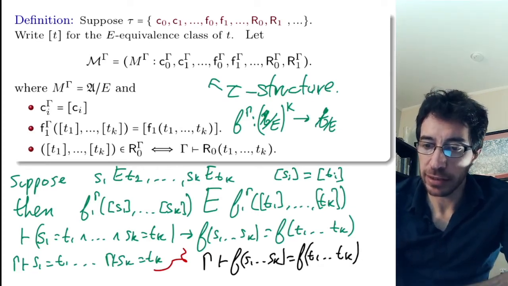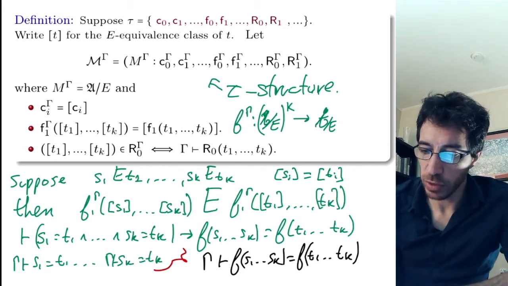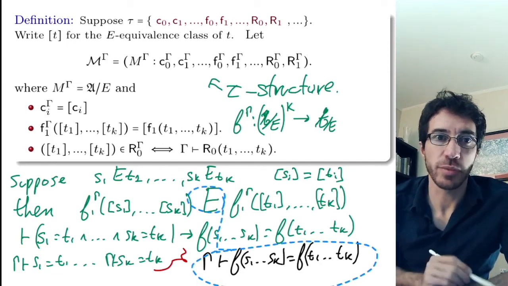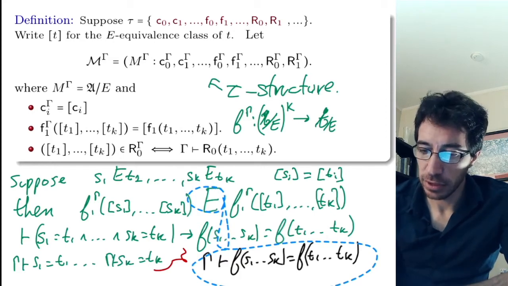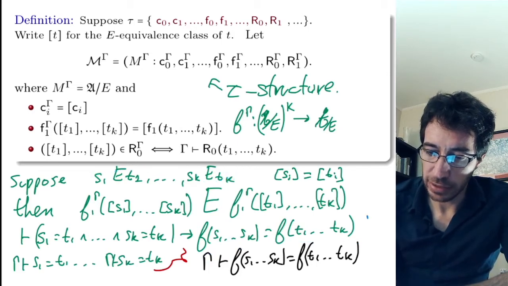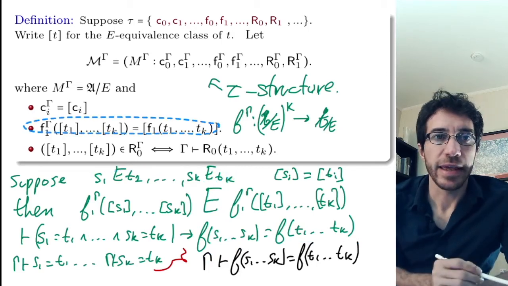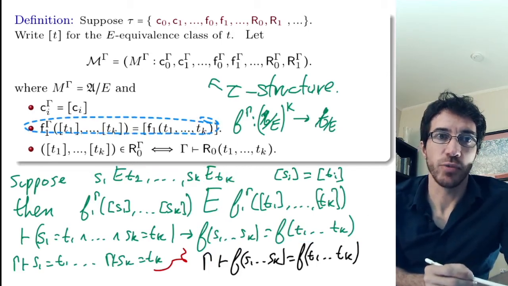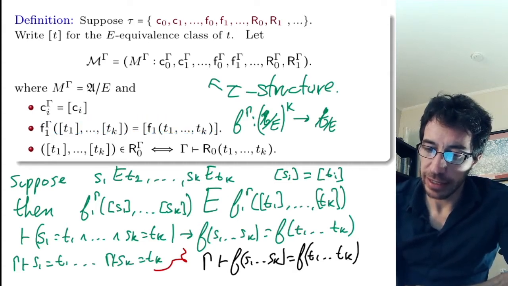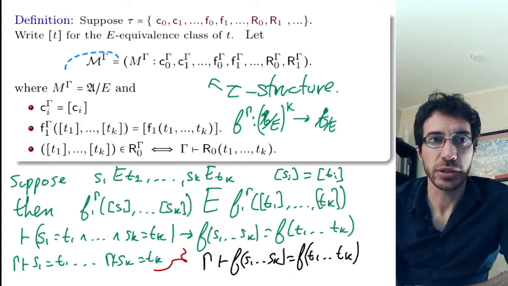And once you have that, that's going to give you the equivalence. So once you get this, then you get that these strings of symbols are related according to E. And that's why you get a congruence relation, and that's why this definition is correct, it's well defined. Okay, so that's how you define the function symbols in this quotient.